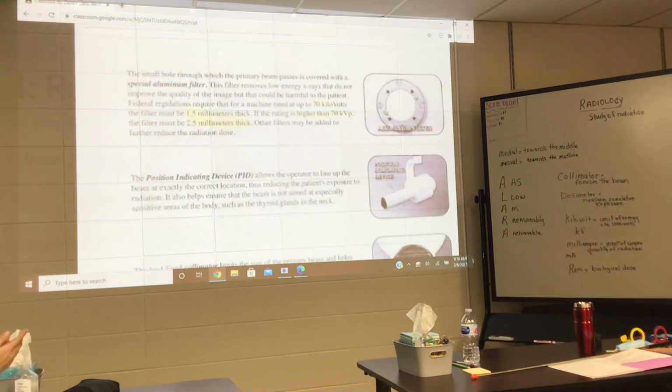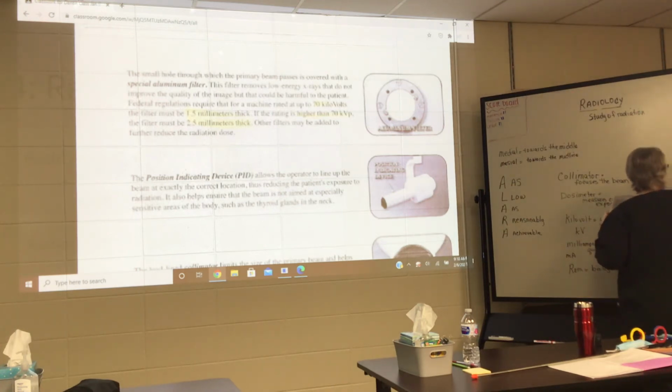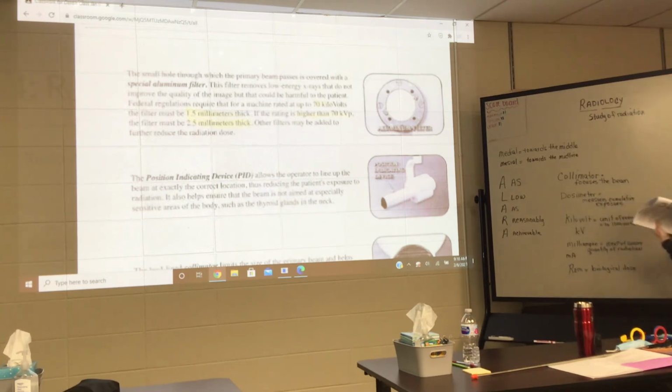This also helps to ensure that the beam is not aimed at specifically sensitive areas such as the thyroid glands in the neck. Everybody knows where your thyroid is? It's that butterfly looking tissue right here in your throat. Okay. So the PID is the positioning indicator device. Okay?